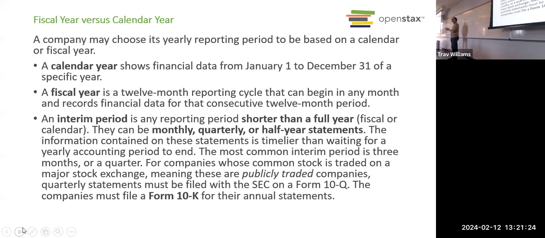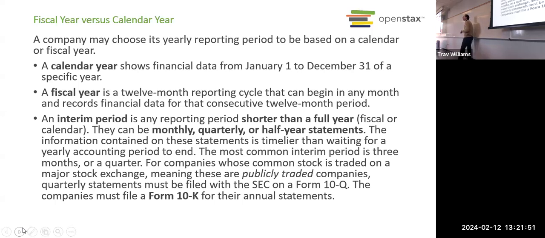But a company can start their year for accounting purposes at the beginning of any month they want. So let's say, just because of the seasonal nature of my business, it makes more sense to start the calendar year in March. So then my calendar year would go from March 1st until the end of February.